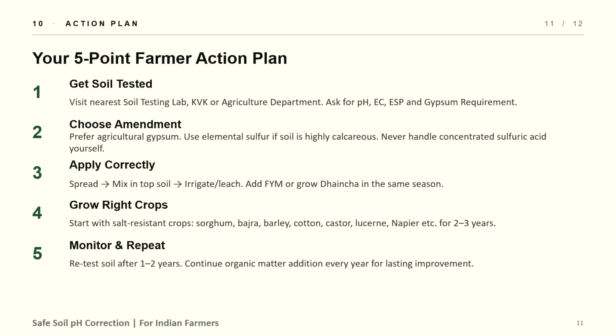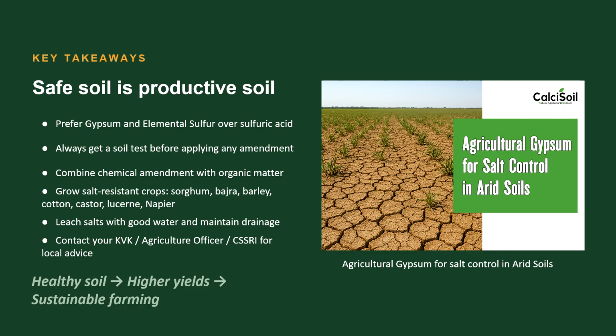Your 5-point farmer action plan: get soil tested, choose amendment, apply correctly, grow the right crop, monitor and repeat. Safe soil is productive soil. Prefer gypsum and elemental sulfur over sulfuric acid. Always get a soil test before applying any amendment.